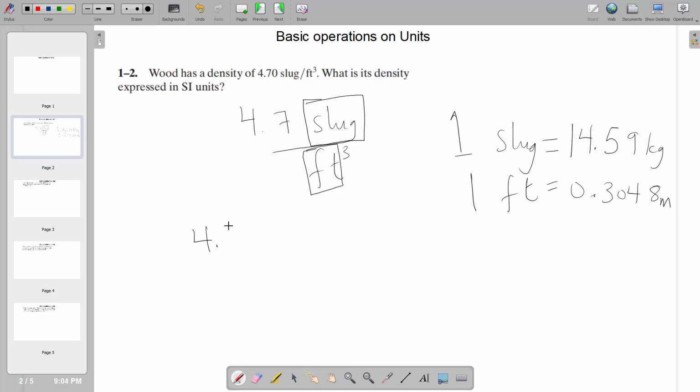In the quantity given, we just replace it: 4.7 times the slug, which is 14.59 kilogram. So it's multiplying. The value here sort of multiplies the units.